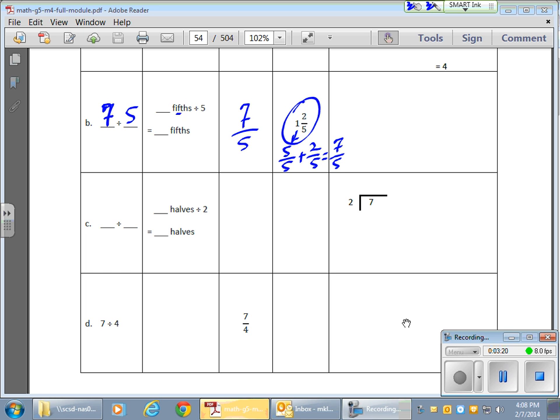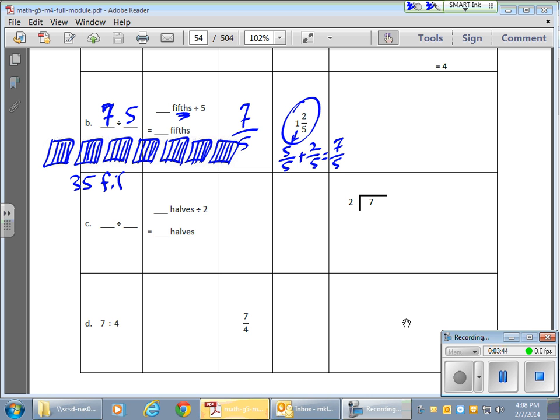Now, how many fifths is that total? Well, if I took my 7 wholes, 1, 2, 3, 4, 5, 6, 7, and I split them into fifths, that would give me a total of 35 fifths.